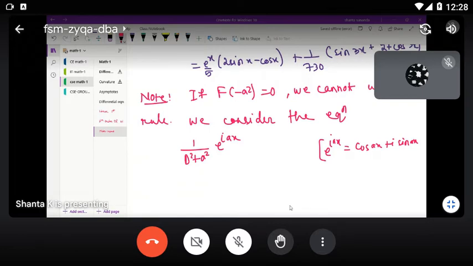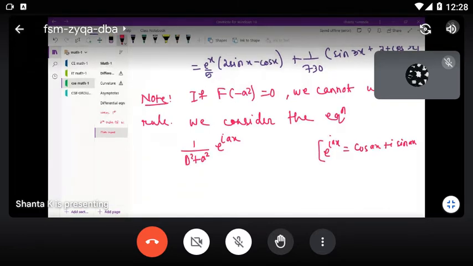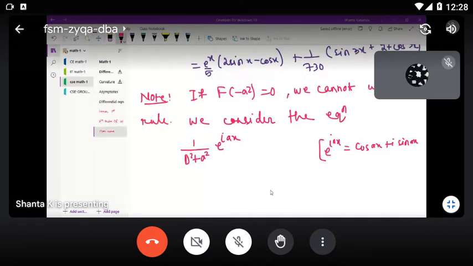So the real part will give you the particular integral for cos ax, and the imaginary part will give you the particular integral for sin ax, in place of the original equation.